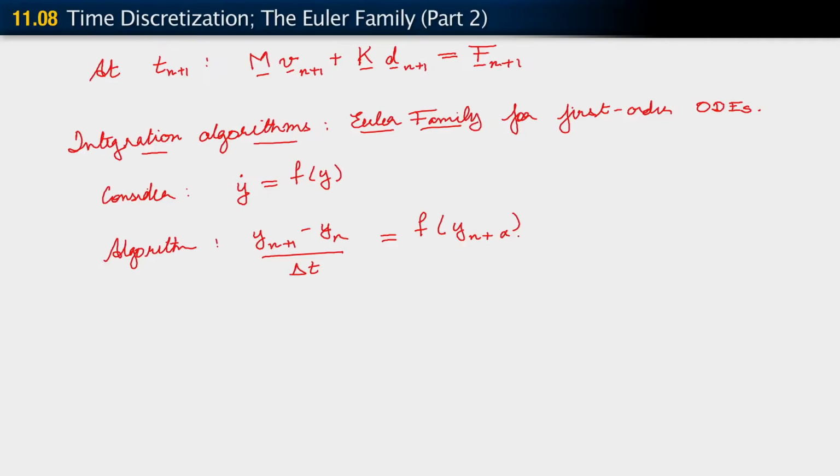I have some explanation to do here, of course. In this algorithm, delta t is simply what is called the time step. It's tn plus 1 minus tn, and this is the time step.